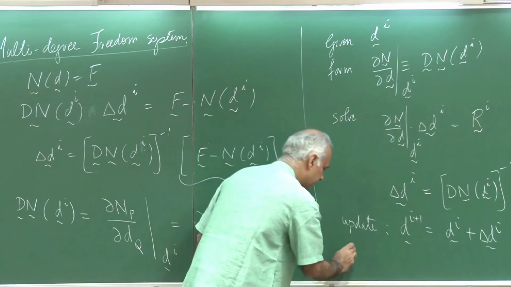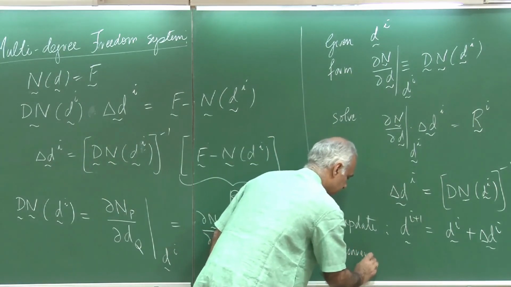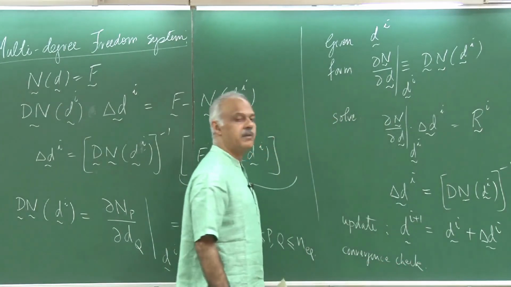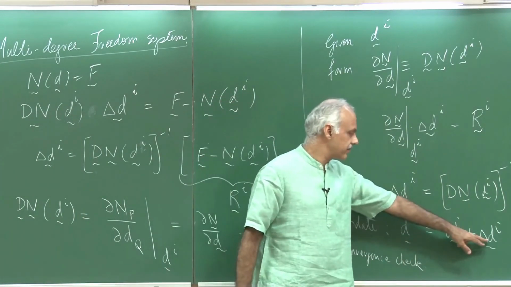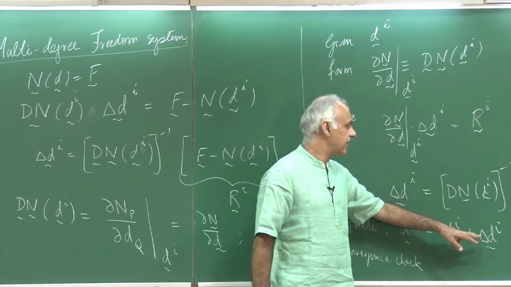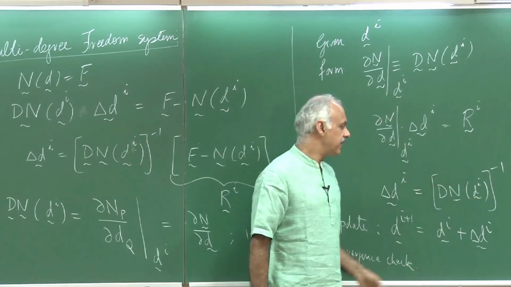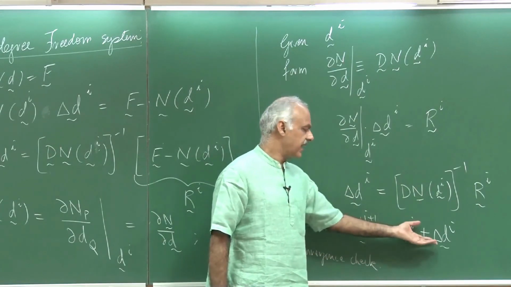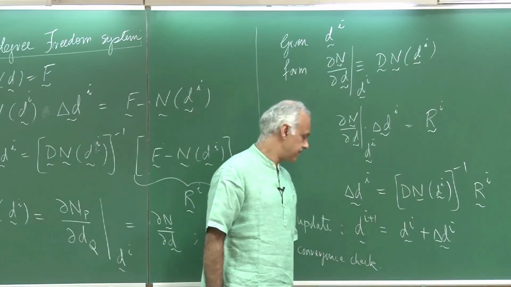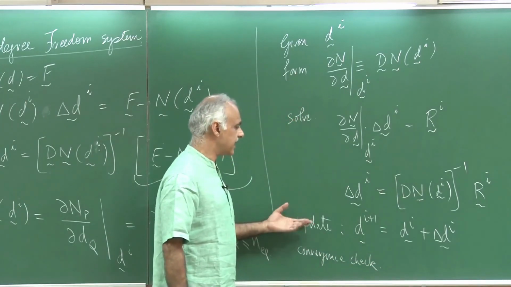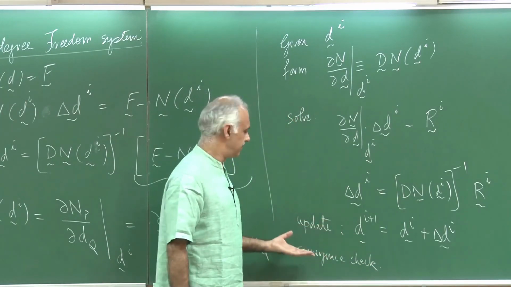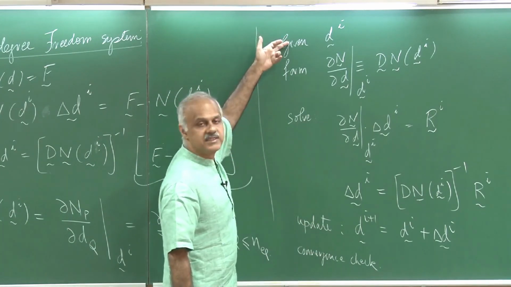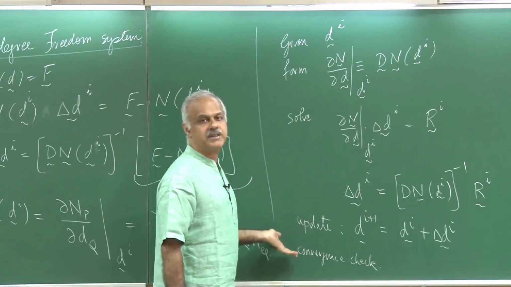And then I do a convergence check, by checking for the tolerance in the increment as well as the residual. If my residual is small enough, that means I have converged, and I can also check the increment if it is changing. So if I have converged, then I stop and I have the solution, and if it is not converged yet, then I go back to the step earlier and I repeat this.